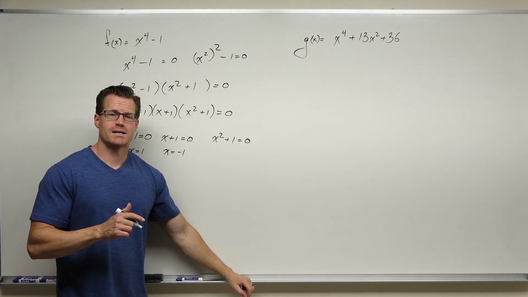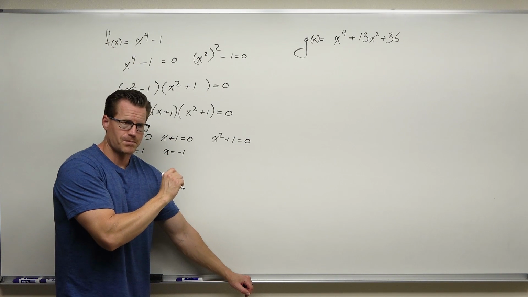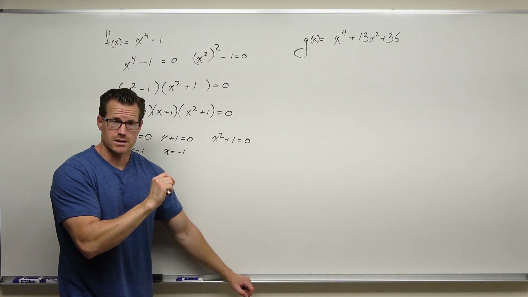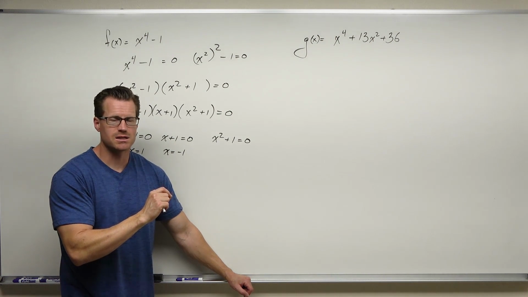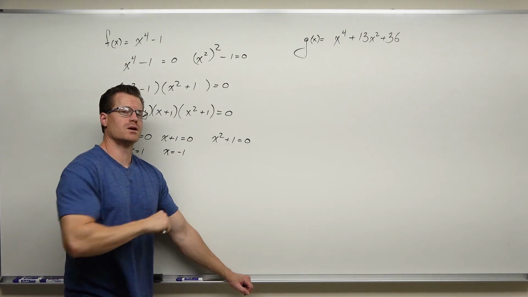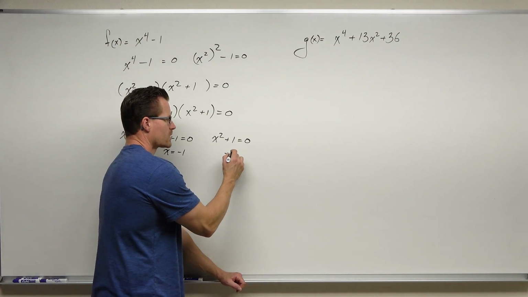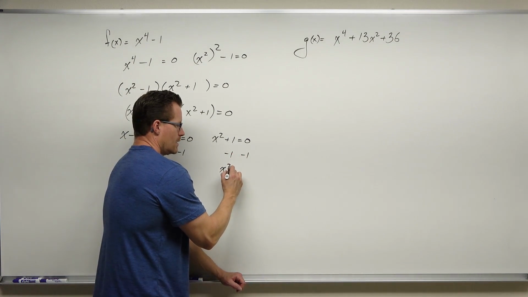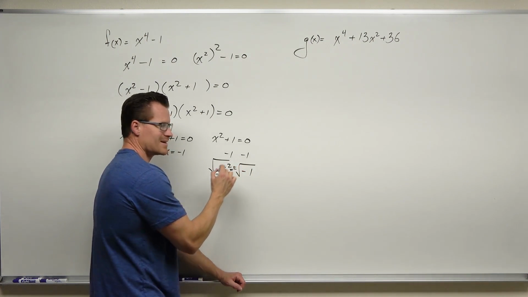For irreducible quadratics, this falls into one of two cases. Number one, something like this, where you can solve for your x squared and simply take a square root. Yes, you will get i's. For all your irreducible quadratics, you get i's. So we're going to subtract 1. x squared equals negative 1. When we take a square root, don't forget, you've got to have a plus and minus.